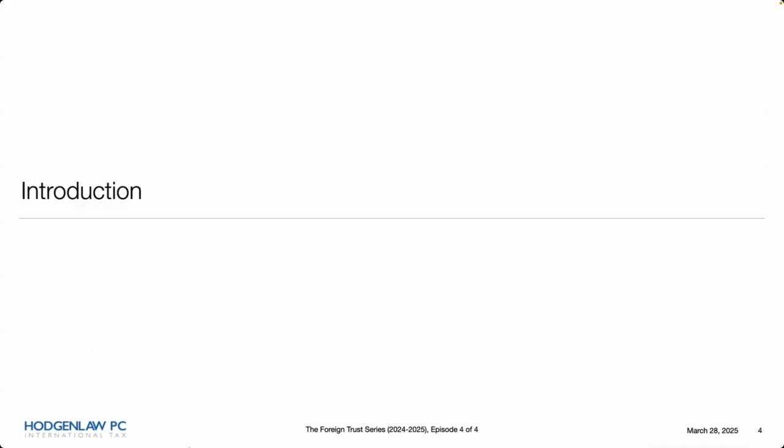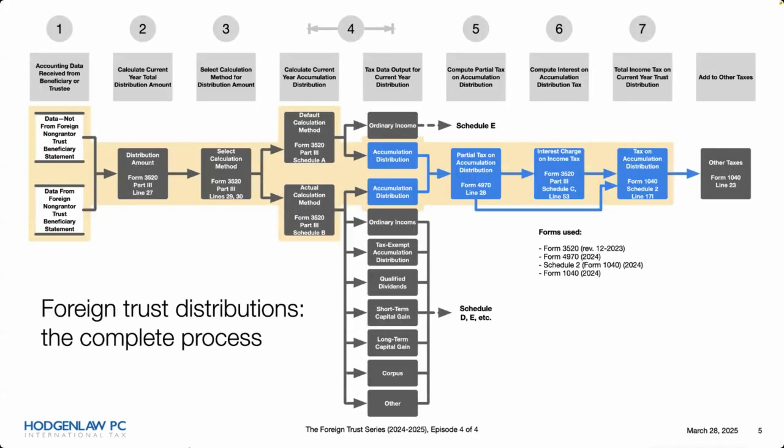So let's start. Here's my little handy dandy chart. What we're going to be talking about today is just the stuff with the pale yellow background. That's the accumulation distribution portion. But I've tried to give you a big picture sense of how it all works when a foreign trust makes a distribution to a U.S. beneficiary.